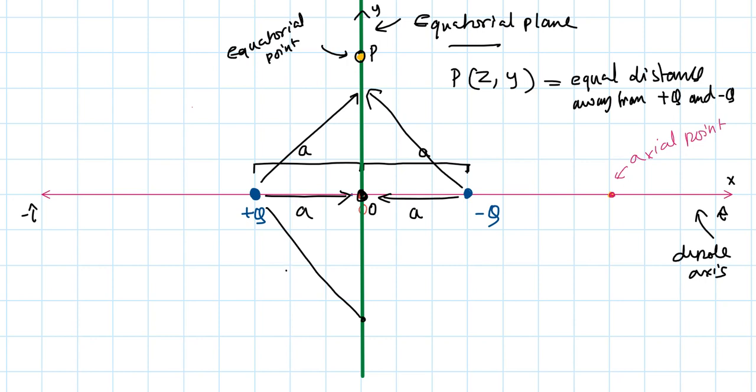Suppose this distance is r plus, to this point I'm going to call M, and the distance from here to here, let me call it r minus, to this point M. But r plus is equal to r minus. The magnitudes, the distances are the same. So that's how you can mathematically generate an equatorial plane.